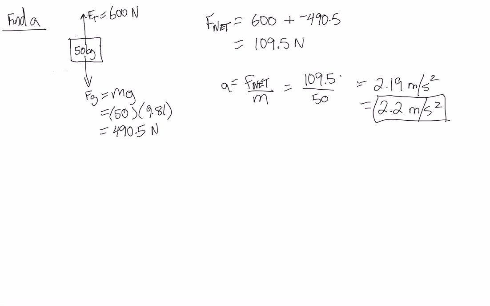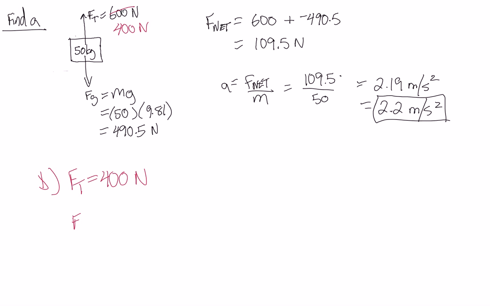So let's just suppose we change this question. So let's suppose instead of being 600, the force of tension now changed to 400. So if all of a sudden our force of tension is 400, how is that going to change the question?